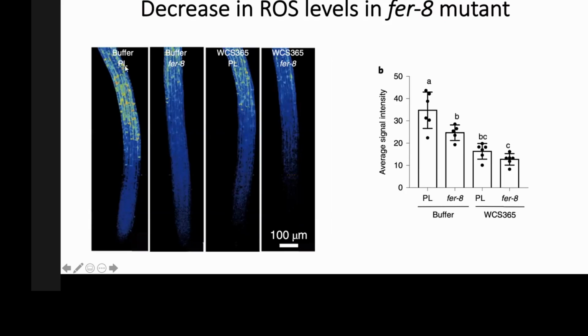And I might have missed something, but I'm still not sure why they did this experiment. Why did they add the bacterium to see if ROS levels were decreased? Is it known in the field that adding bacteria decreases ROS? I kind of thought of it as ROS affecting bacteria, not the other way.